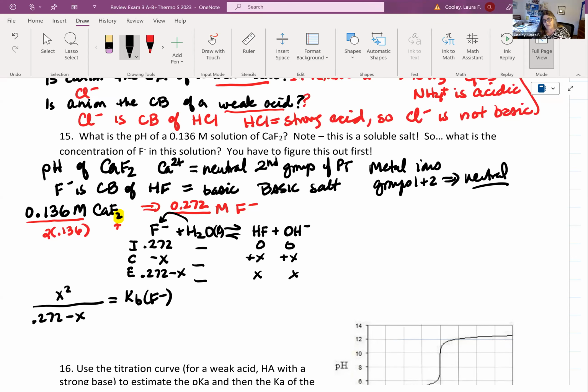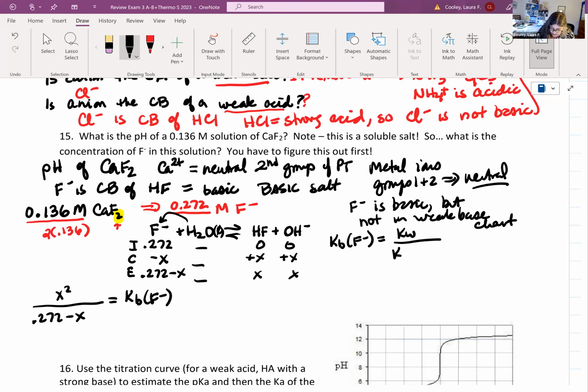And you can't get that off of the chart directly, right? So F minus is basic, but it's not in the weak base chart. And just about all of the conjugate bases of weak acids will not be. So we need to figure out that KB for F minus is KW over KA for HF.